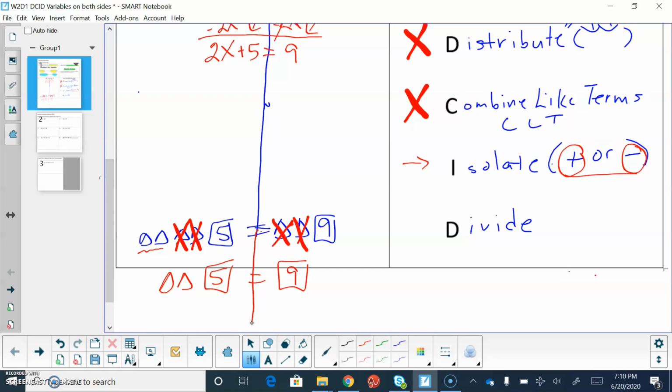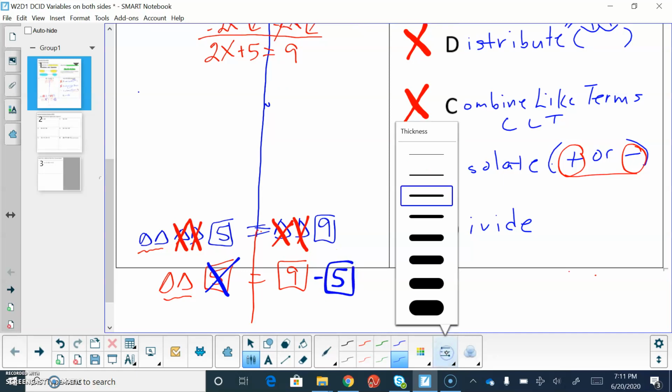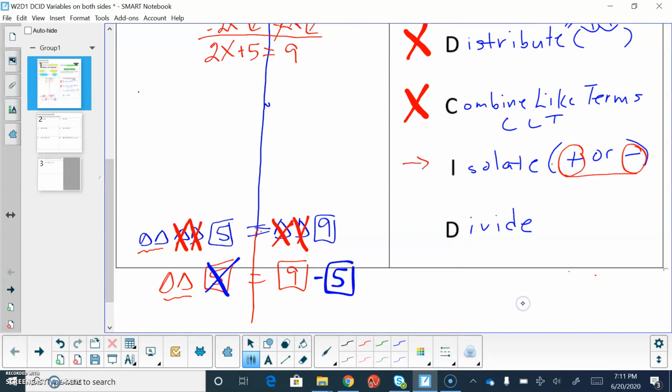So I need to get cubes just to one side, away from the triangles. So we go to the triangle side and say, okay, if I want the triangles by themselves, then I need to take away that 5. And if I take away the 5 from the left side, now I have to take away the 5 cube from the right side. Well, we do that same process up here.